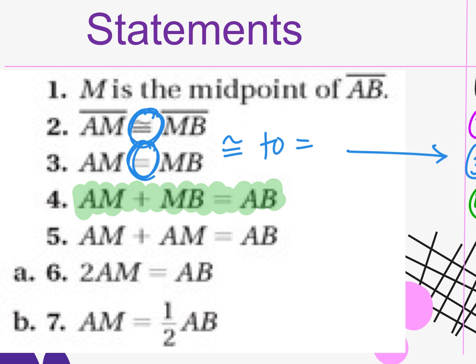Okay, so I have a change. My MB is changing to AM. How do I know? Why did it change? How did I get there? Looking at my previous statements, could I change them? Yes or no? Yes.